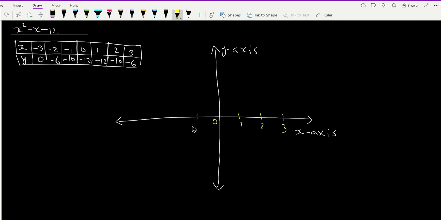This one will be minus 1, minus 2 and minus 3. Similarly the maximum value is 12 here. So I will take the points as 2, 4, 6, 8, 10, 12. Similarly here also I will take minus 2, minus 4, minus 6, minus 8, minus 10 and minus 12.